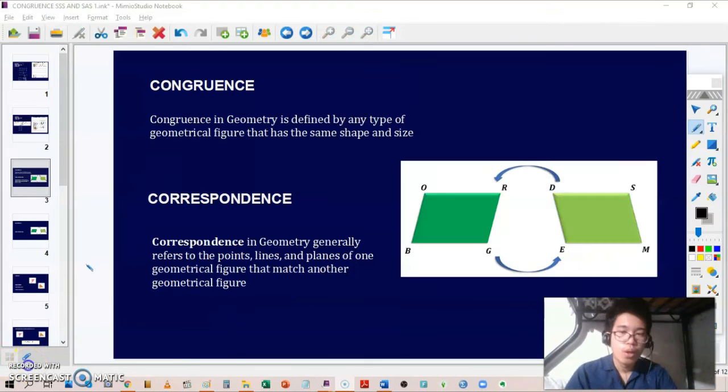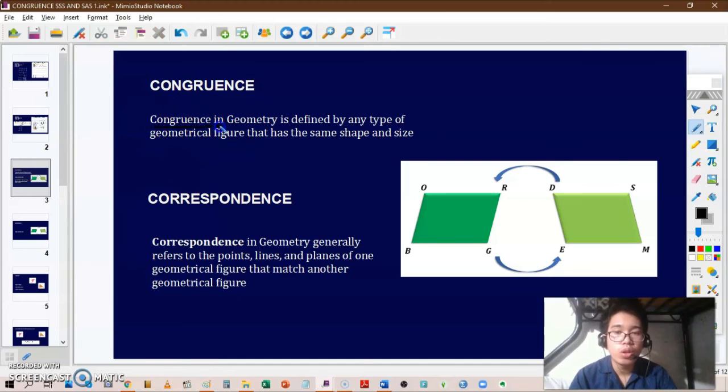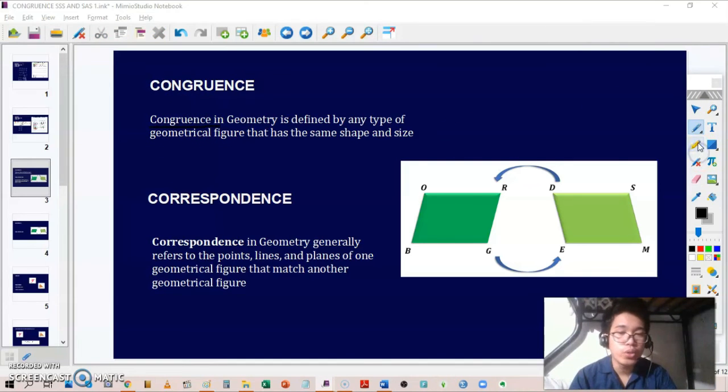Now we move on to the topic of congruence and correspondence. When we say that two figures are congruent in geometry, it is defined by any type of geometrical figure that has the same shape and size.